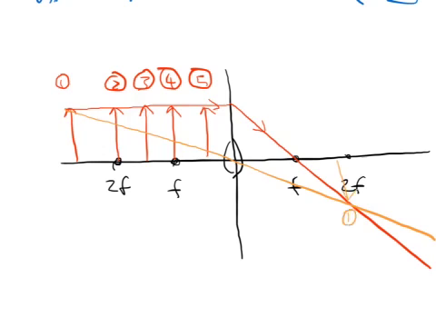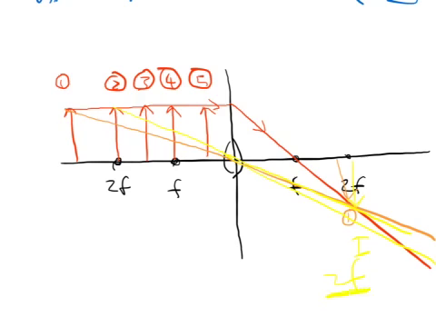And our second, I'm just going to progress through colours, hopefully these colours are visible to you. Our second, through the center. Okay, and I've drawn this absolutely terribly because this is at 2F, and if I drew my line correctly, it would be at 2F, and it would be the same size.